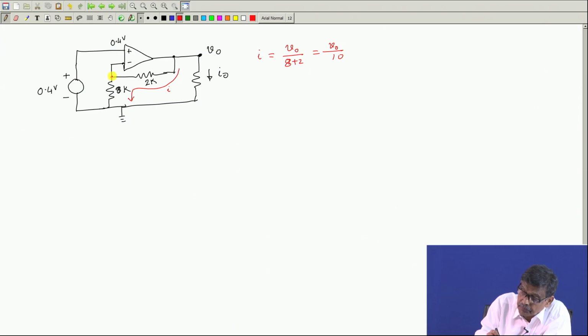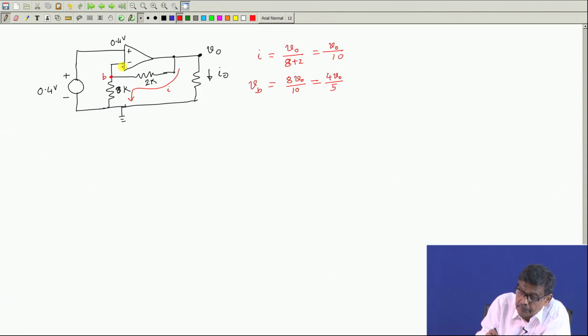Then what will be the potential of this point? This is the point B, V B, will be voltage drop across 8 K. So, 8 into V naught by 10, which is equal to 4 V naught by 5, so much volts.